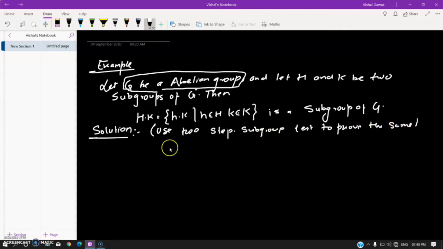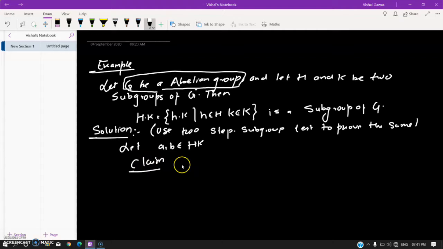I'm just going to use the one subgroup test. Somebody can go ahead and try proving using the two subgroup test. It's left to the individual whether he wants to do it or not. So what I'm going to do is take two elements. Let A, B belong to HK.